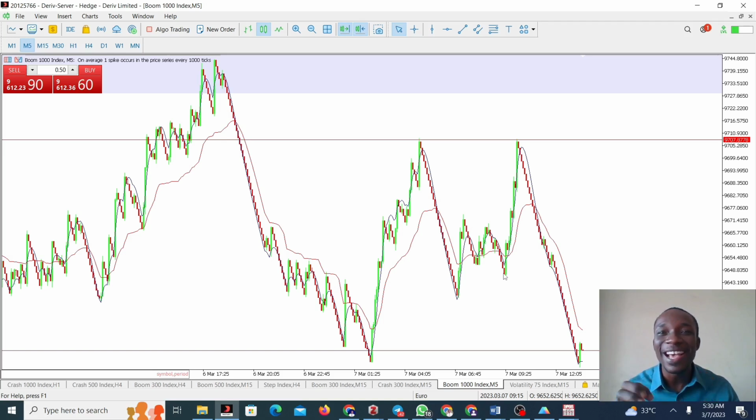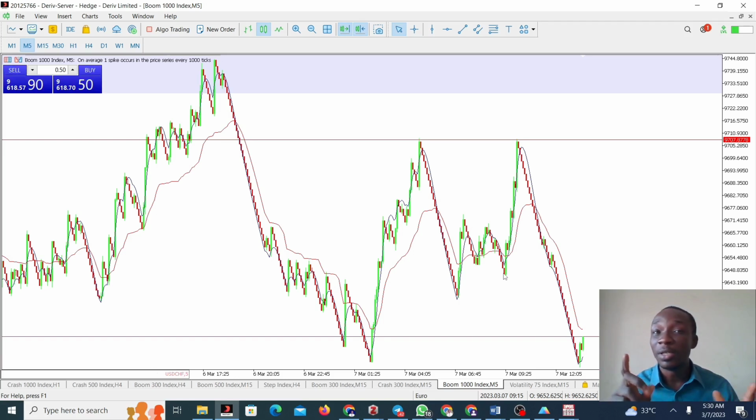Whether M shape, double top, W shape, double bottom, they are extremely profitable if you are able to identify them, especially on synthetic indices, and most especially on boom and crash pairs. That's just the bottom line.